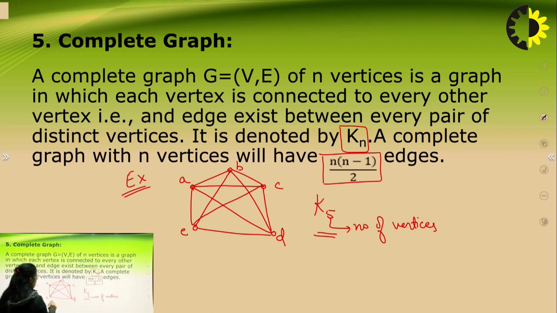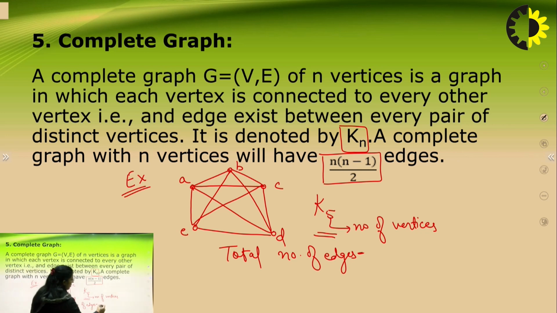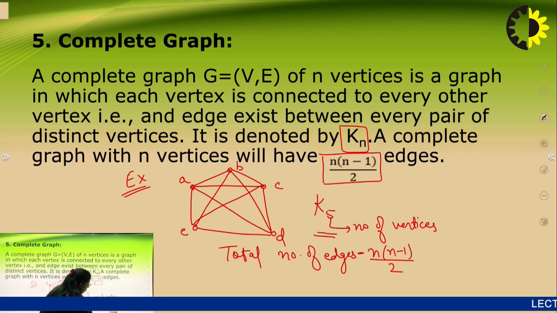And if 5 is the number of vertices which is given, then we can calculate the total number of edges as n(n minus 1) divided by 2. In this case, we have n equals 5.